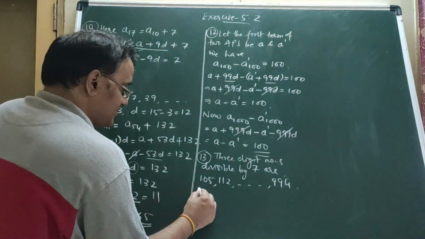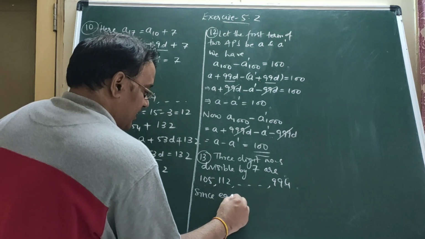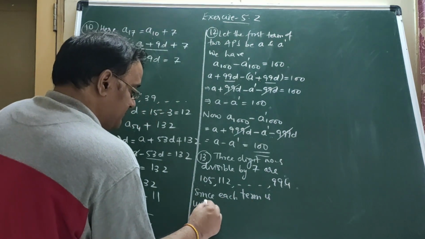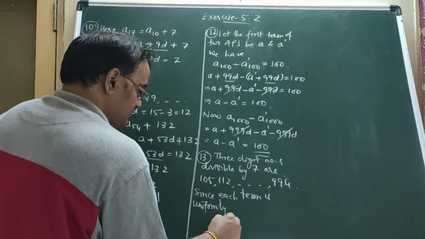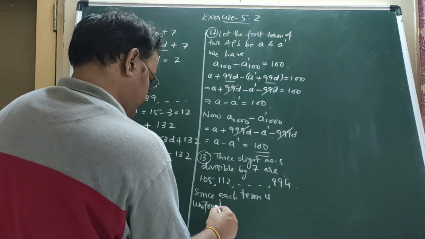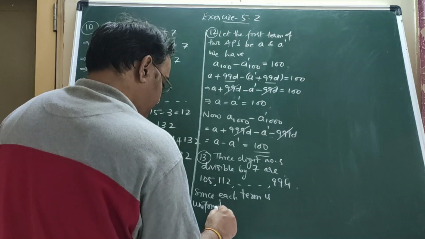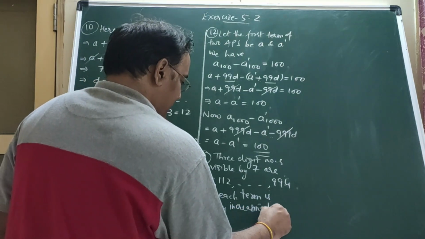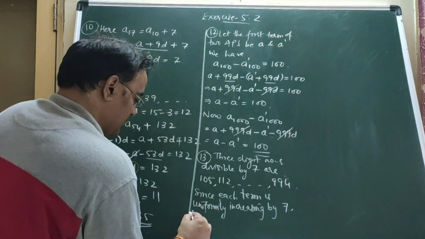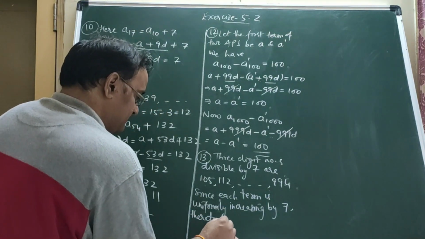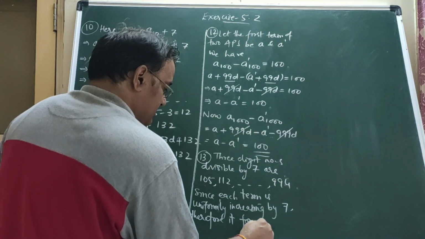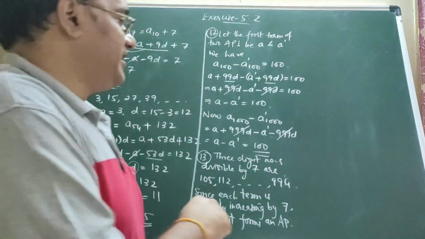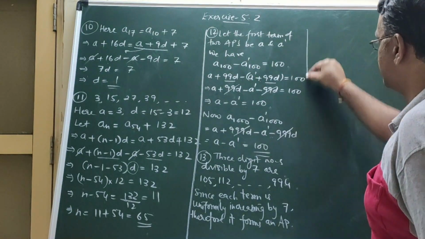So how will you write, since each term is uniformly increasing by 7, so therefore it forms an AP. उसके बाद ही AP का फॉर्मूला हम लोग यूज कर सकते हैं.